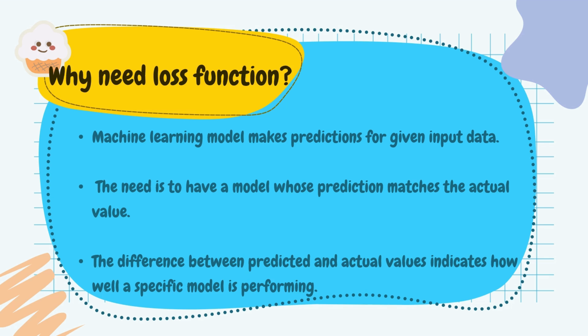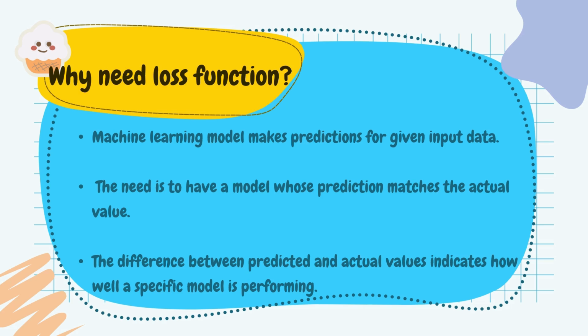Let's dive in. Why do we need loss function? We will look into this concept starting with understanding what a machine learning model does. Basically, machine learning models make predictions for the given input data set. And the need is to have this prediction match the actual outcome as close as possible.